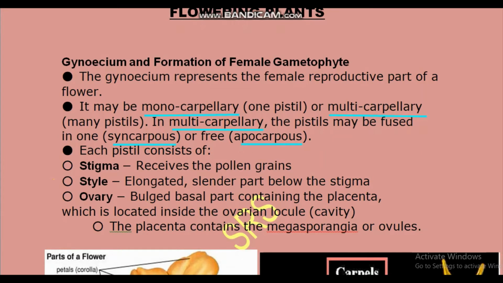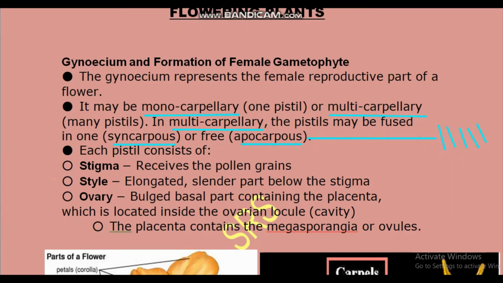Suppose there are 5 carpels, 1, 2, 3, 4, 5, and these carpels are present in one flower. And each carpel is free from each other. That means it is a multicarpellary flower, but it is apocarpous condition. They are not fused.